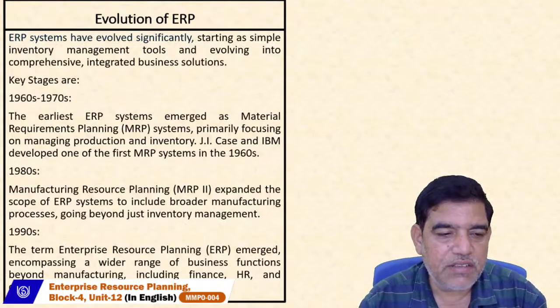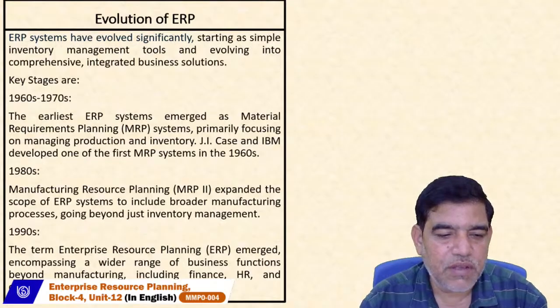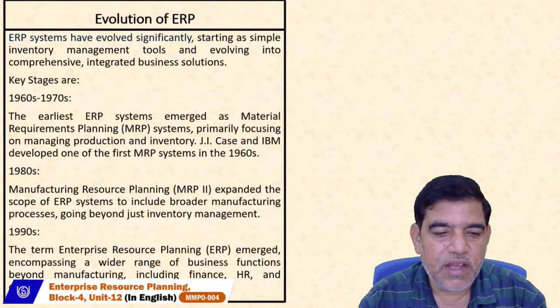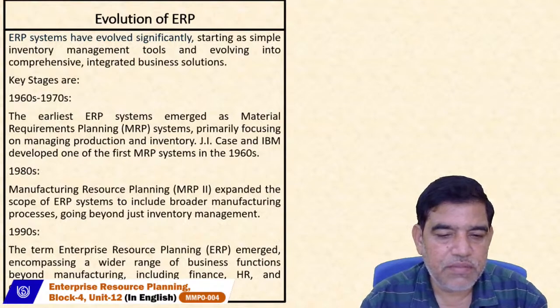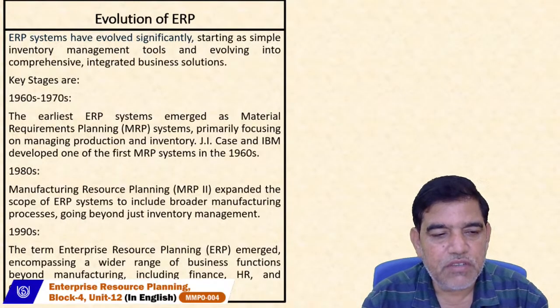Then in the 1990s, the term ERP emerged, encompassing a wider range of business functions beyond manufacturing, and it includes finance, HR, CRM for the smooth operation of the organization or to meet the business goal.